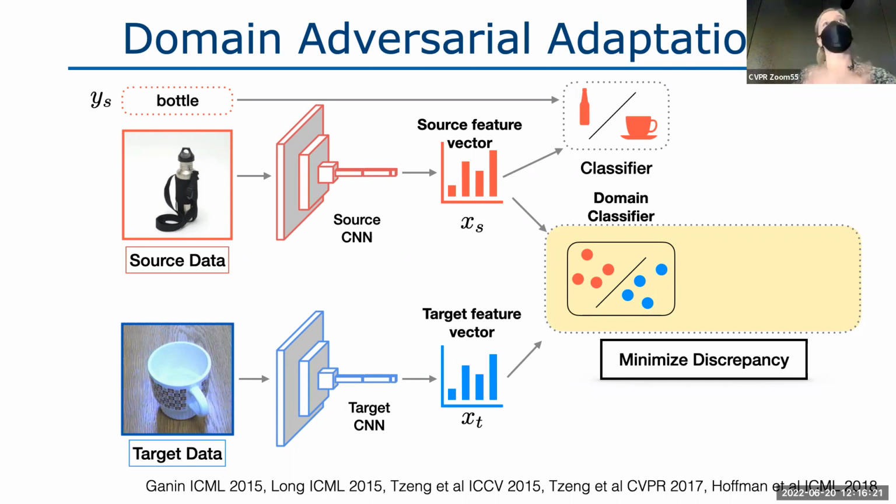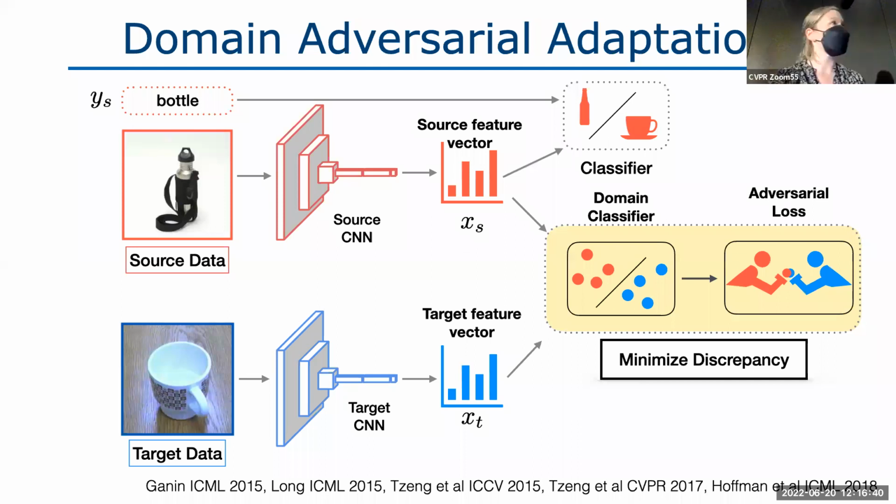We want the distributions to be aligned, because if they're aligned in this feature space being used for the supervised task of classification in this case, then we have a better chance of being able to use it out of the box on our target data. So to update this in order to align the two, we're going to use an adversarial loss, which tries to confuse this domain classifier, thereby rendering the two domains indistinguishable.